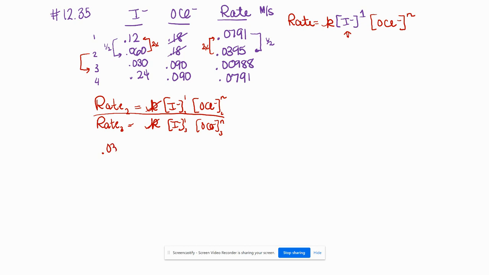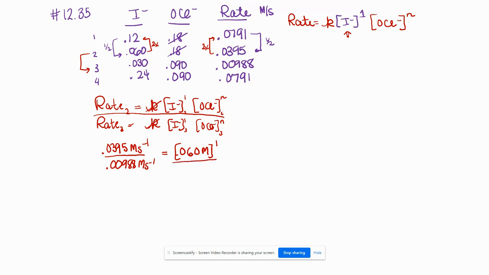And now let me plug in some numbers. Rate 2 is 0.0395. Rate 3 is 0.00988. The concentration of iodide in run 2 is 0.060, but we know that that guy is to the first order, so that's not unknown.